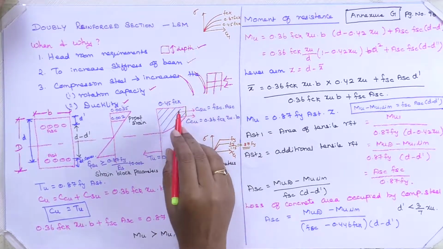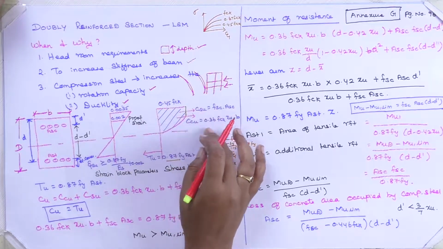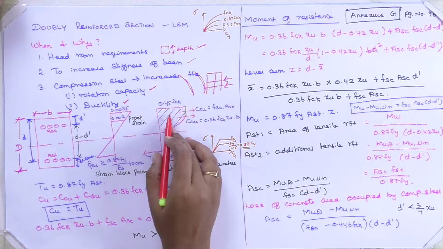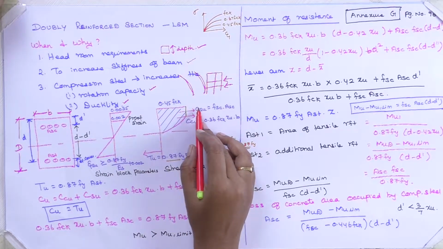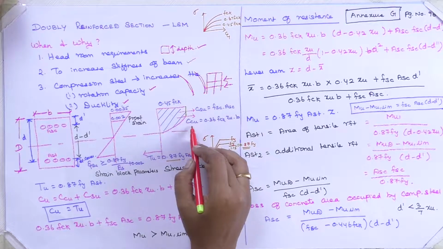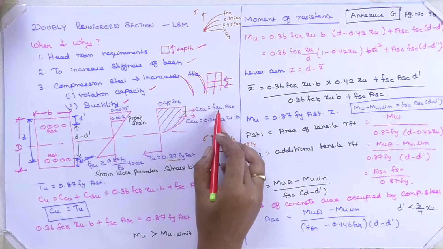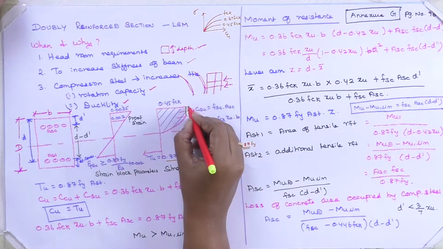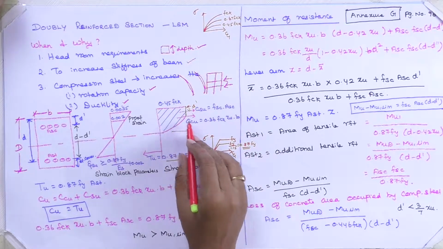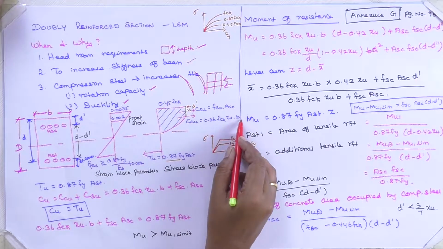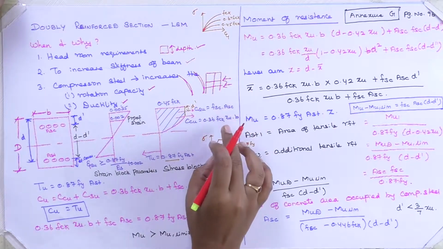Now in a singly reinforced section, for this stress block I will have only Cu value. Here I am providing steel in the compression zone also, that's why I will have CSU and CCU. This CCU is due to concrete, this CSU is due to steel. So this distance will be D dash. CCU is equal to 0.36 FCK XU into B, that is area times 0.36 FCK.